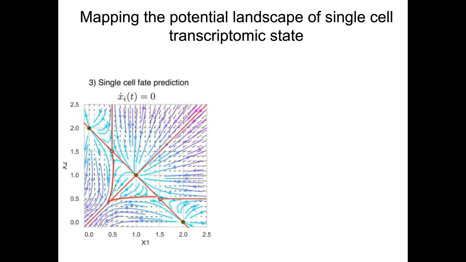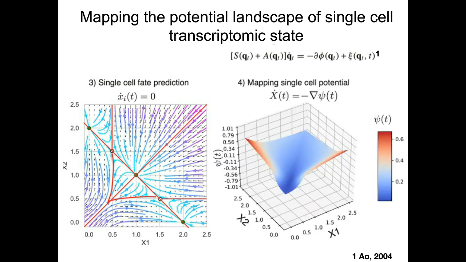After we get the vector field function, I used a method that was developed almost 20 years ago to map the potential landscape.